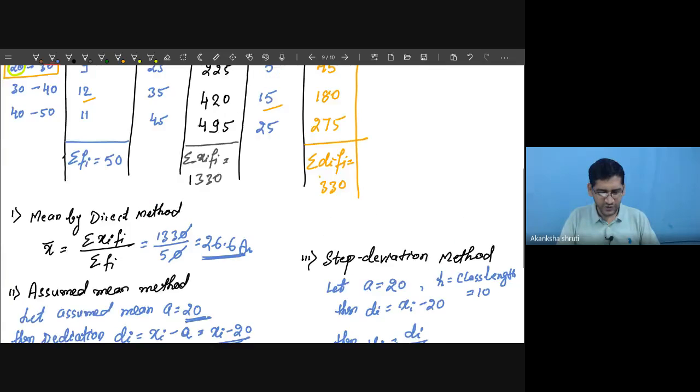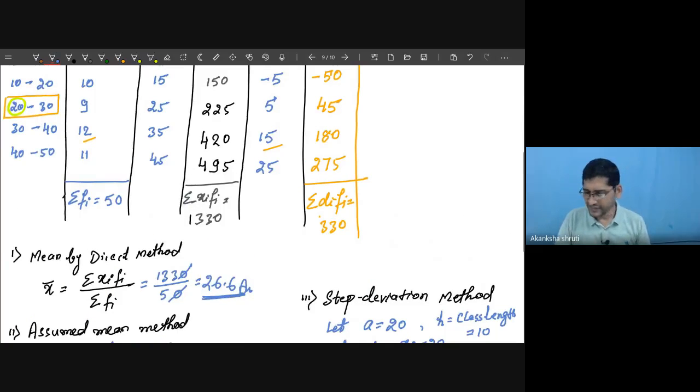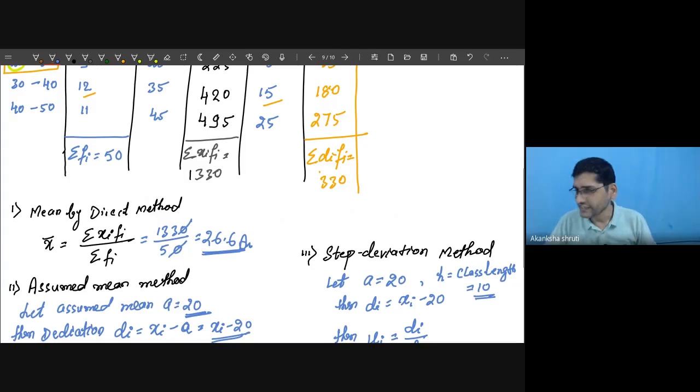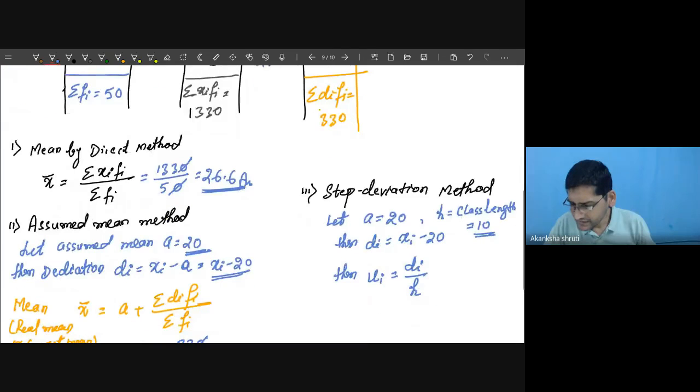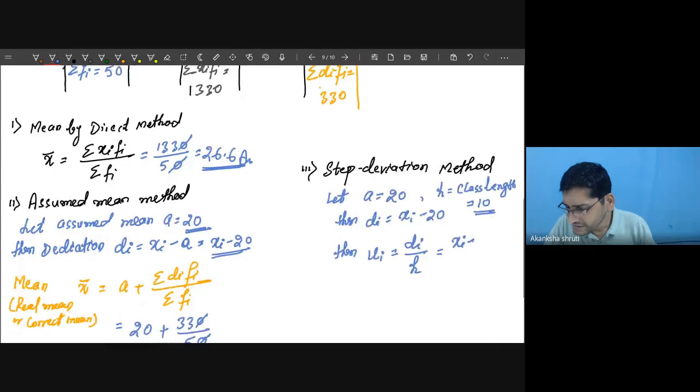This 10 can be calculated by subtracting 50 and 40 or 30 and 20. Always you are getting it, it is a uniform class interval. So the class interval length h is obtained how quickly? It is Xi minus 20 divided by h, which is 10.